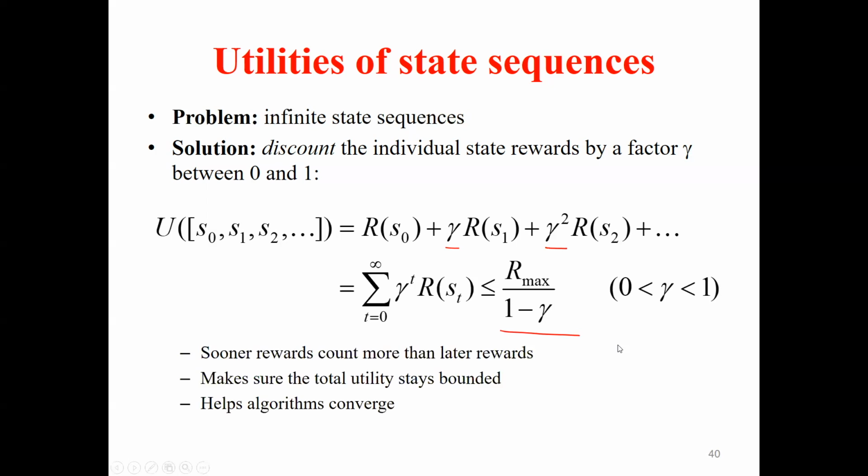What we are saying is sooner rewards should be given more weightage than later rewards, so that this utility is bounded, and I can deploy some algorithm. Obviously, we want a suitable path which can maximize this utility, so the algorithm needs to converge.